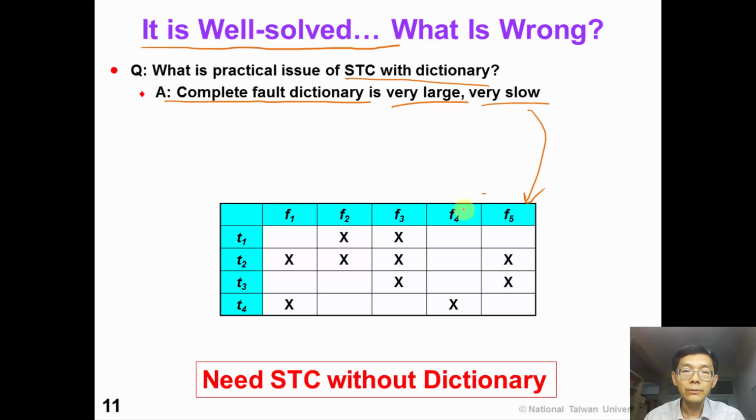So this complete fault dictionary is not available for large circuits. Static test compression with fault dictionary is not a scalable solution. What we need is a static test compression without dictionary.